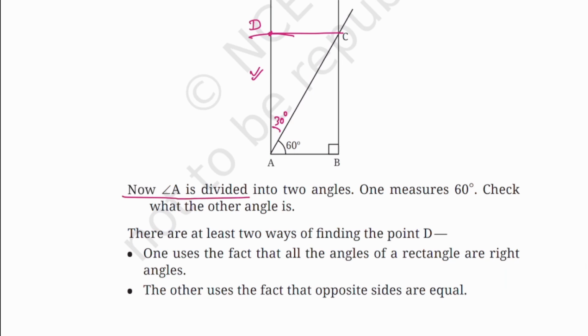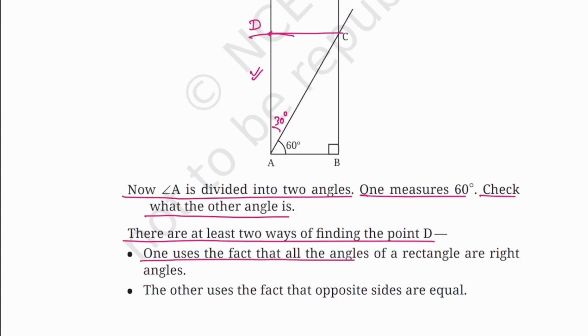Now angle A is divided into two angles. One measures 60°. Check what the other angle is. There are at least two ways of finding the point D. One uses the fact that all the angles of a rectangle are right angles.